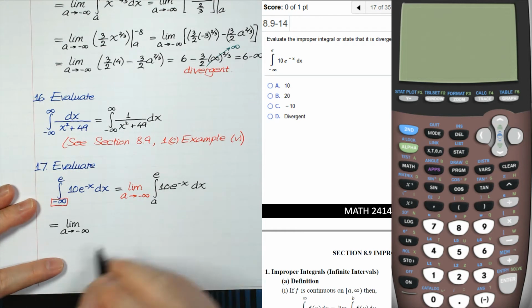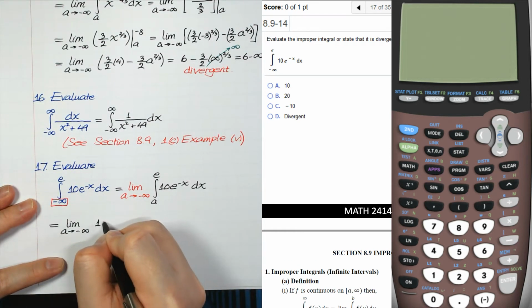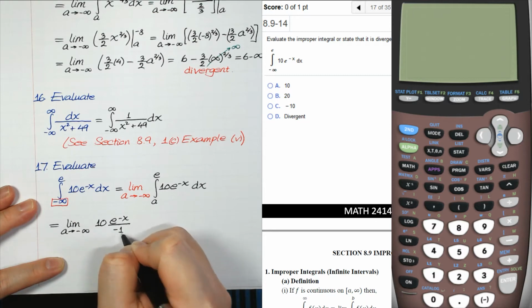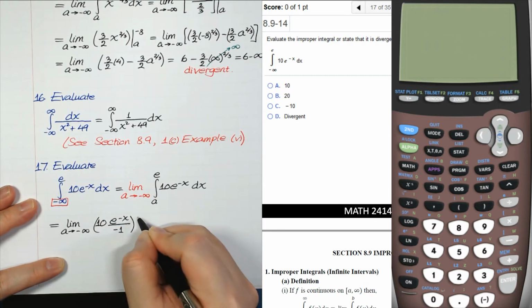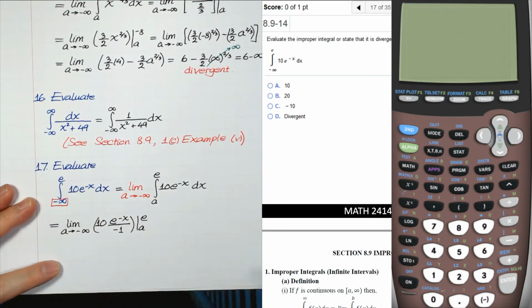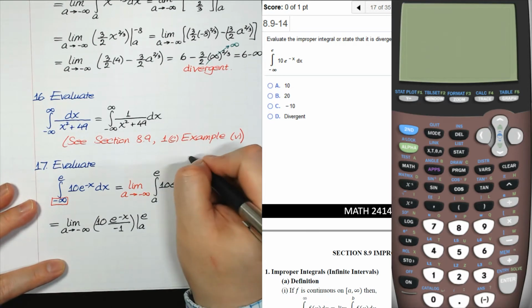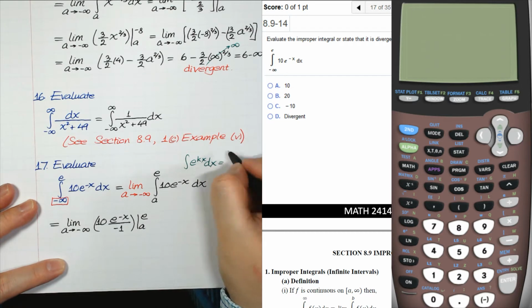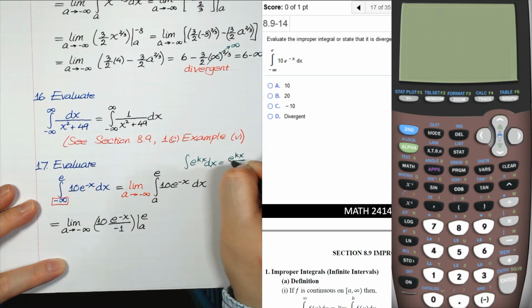Right, integral of e to negative x is e to negative x divided by negative 1, going from a to e. The integral of e to the kx dx is just e to the kx divided by k.